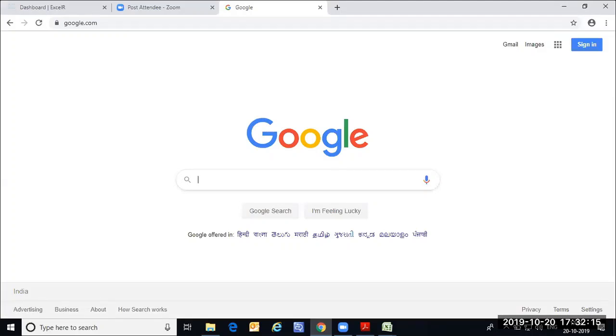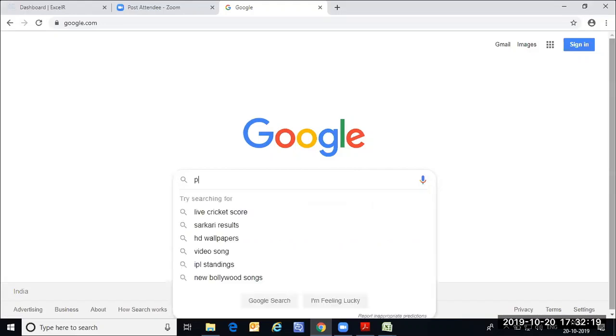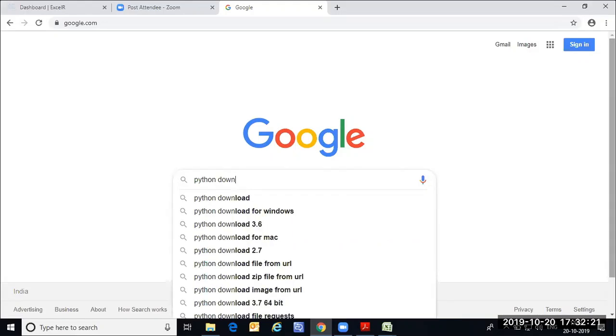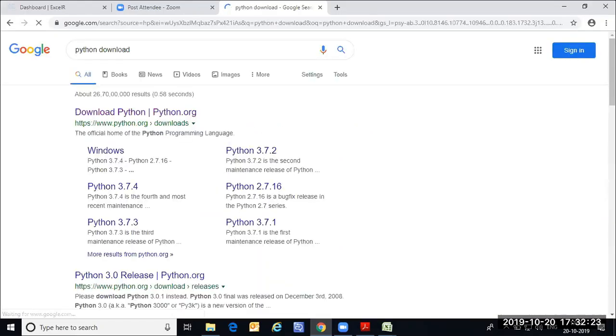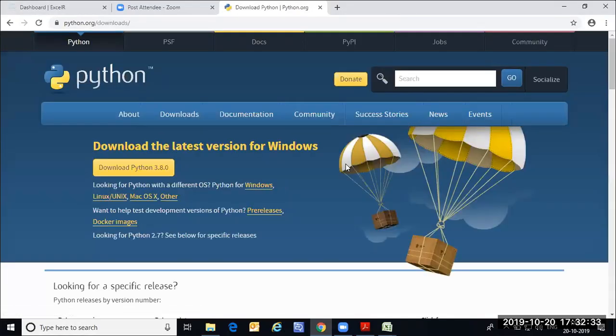You can go to Google, say Python download. Download Python 3.8.0 for Windows. Download the latest version for Windows.